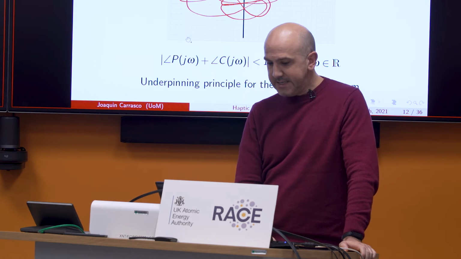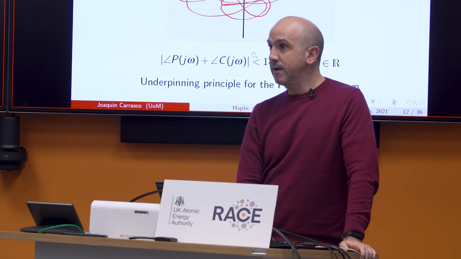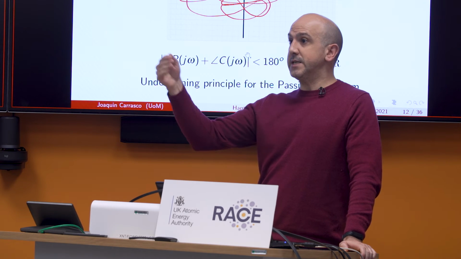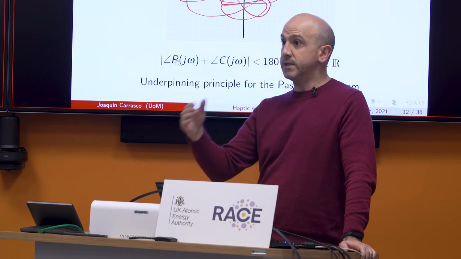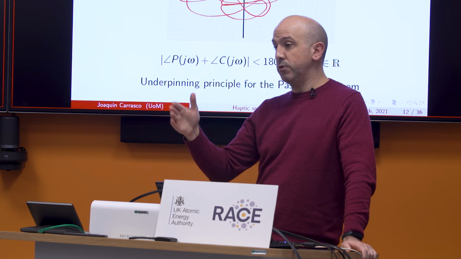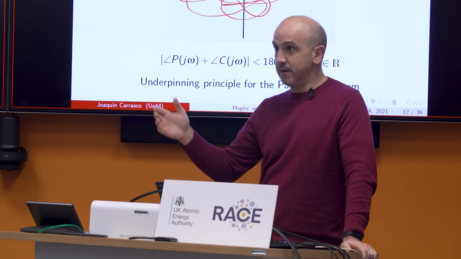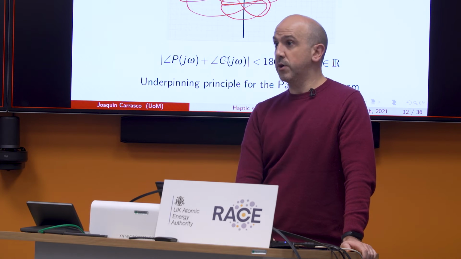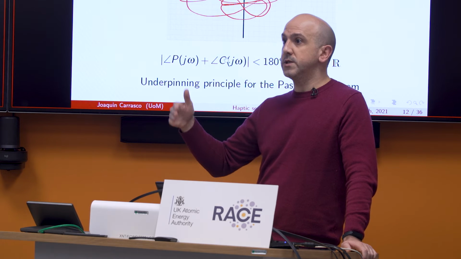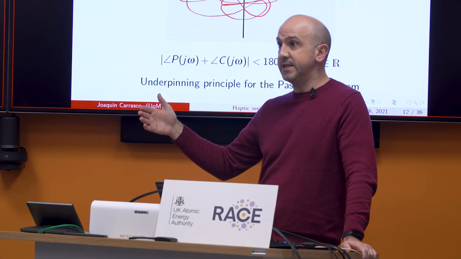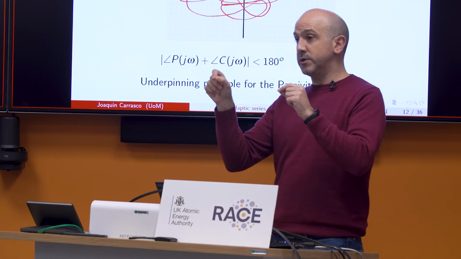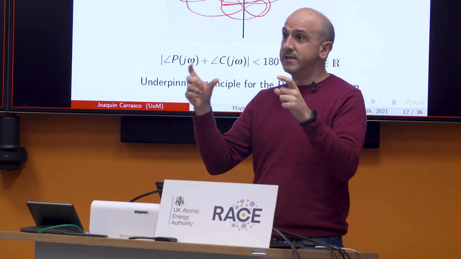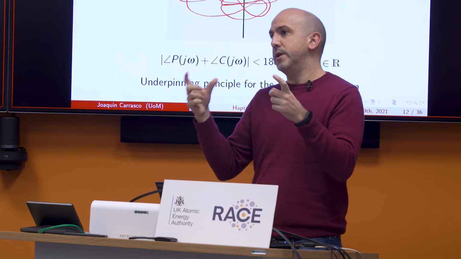But the red line is actually the addition of two systems. And what the passivity theorem says is, wait a second, if P always has phase between -90 and +90, and the controller is always strictly between -90 and +90, then one of the systems avoids the border, basically.